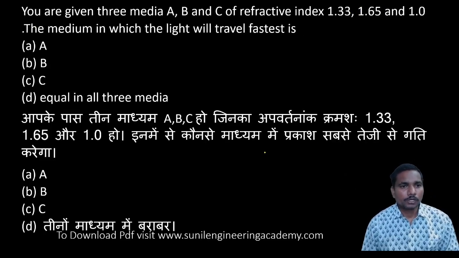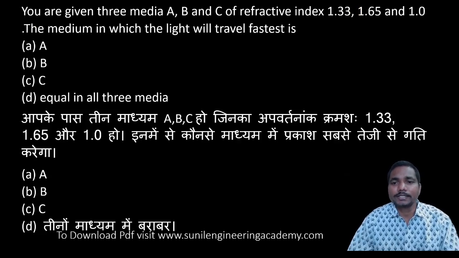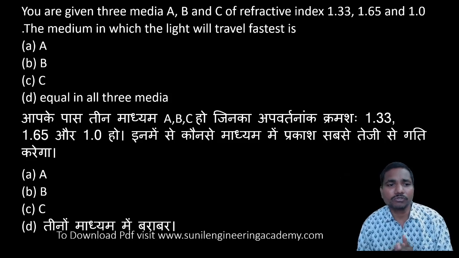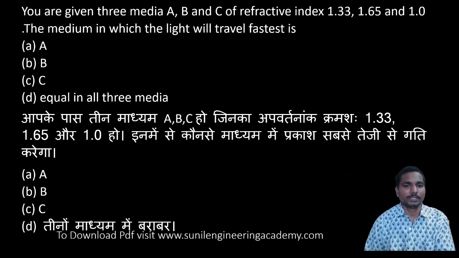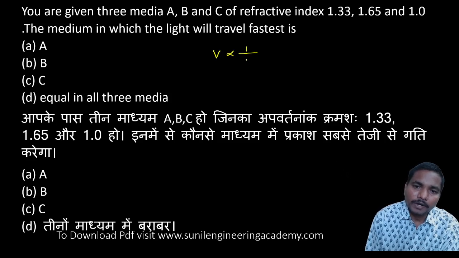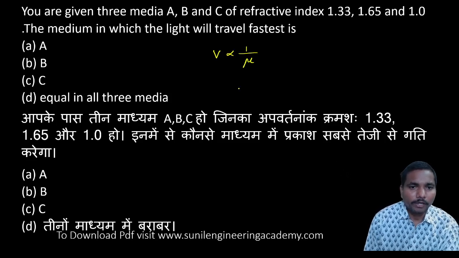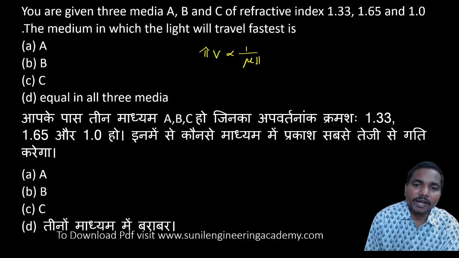You are given three media A, B, C of refractive indexes 1.33, 1.65, 1. The medium in which the light will travel fastest. Just now I said speed of light depends upon refractive index. Higher the speed, lower the refractive index.